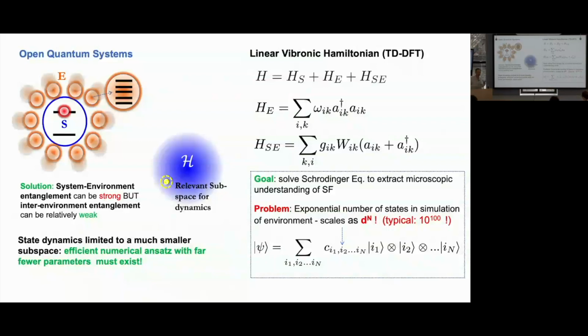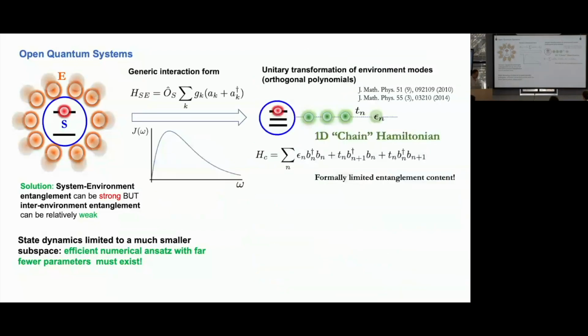So there should be some sort of ansatz with far fewer parameters that should allow us to do the complete dynamics. And the form of that ansatz, which I think is going to be no surprise, becomes evident when you realize that this central problem, the kind of Hamiltonian that Peter and Nancy were showing earlier, has this factorized form with some arbitrary spectral density describing the distribution of couplings.